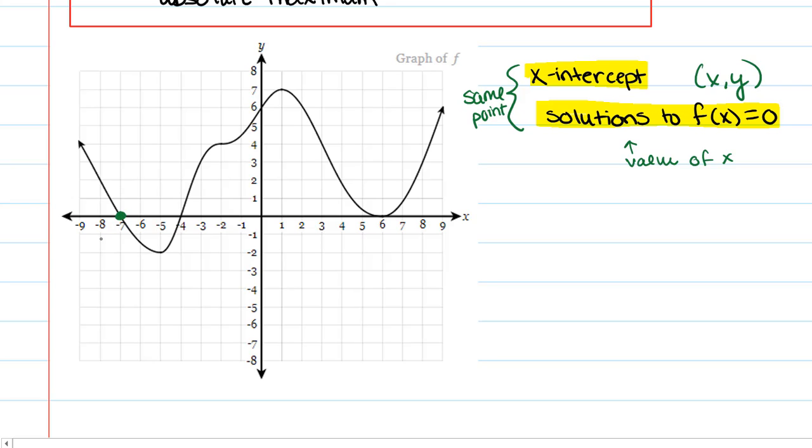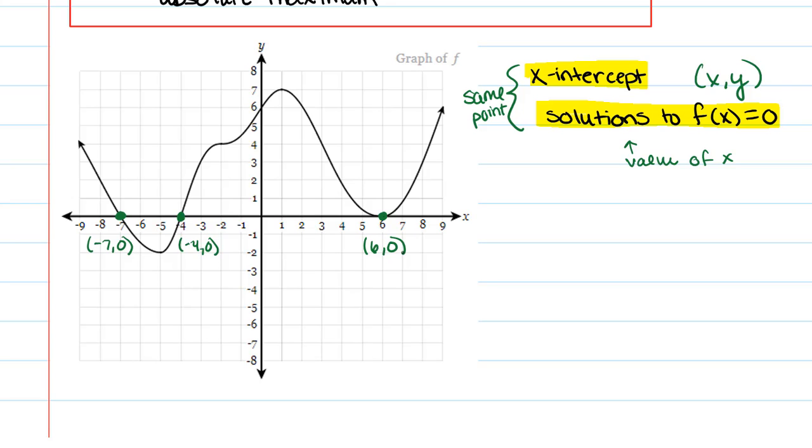So we have -7, so the x-intercept would be -7, 0, -4, 0, and 6, 0. Even though that doesn't cross it, it still touches the x-axis, and that point is going to be 6, 0. It touches it and then comes back up.